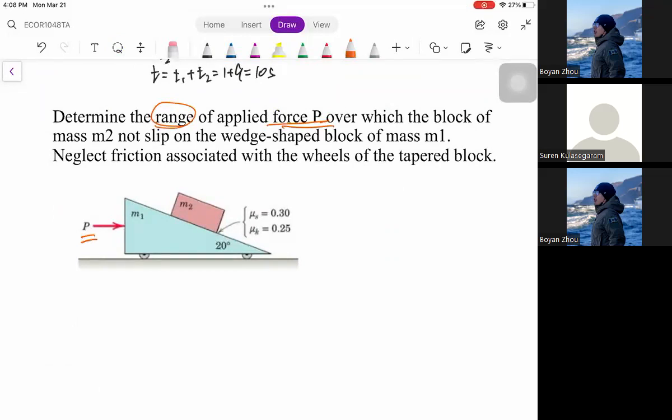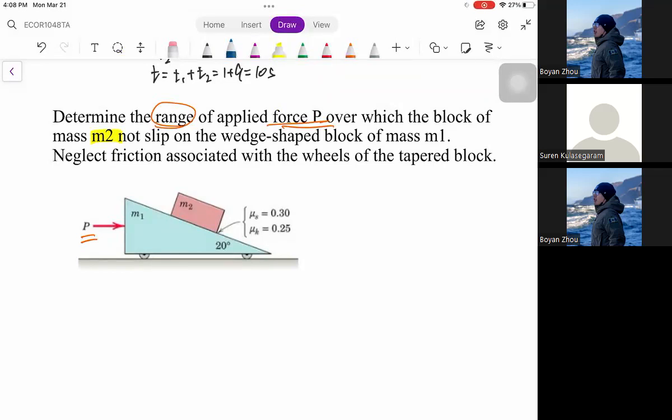We're going to find out what the range for P is, where when P is applied to the car, or M1 here, the block M2 is not going to move. So M2 on the car here is not going to slip.